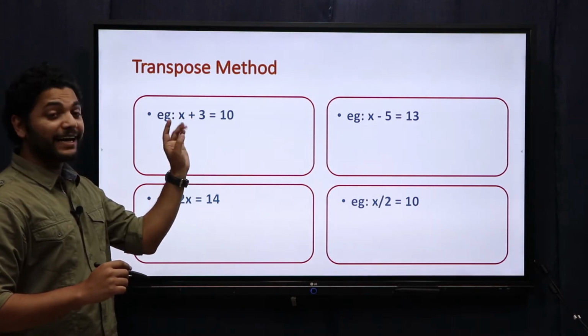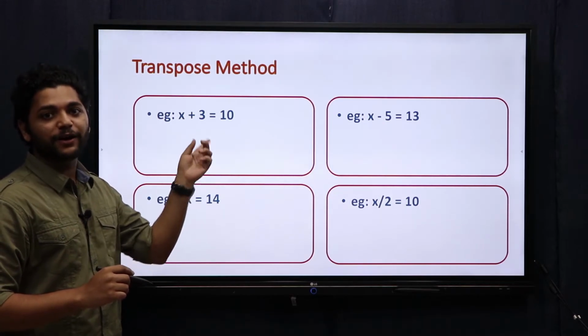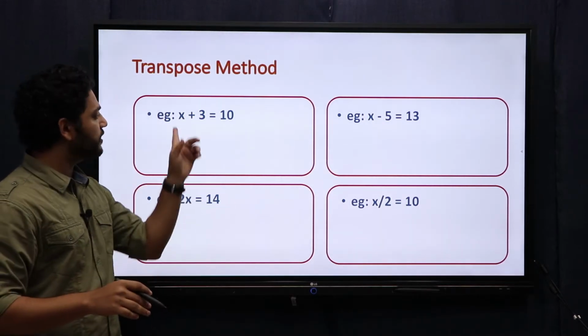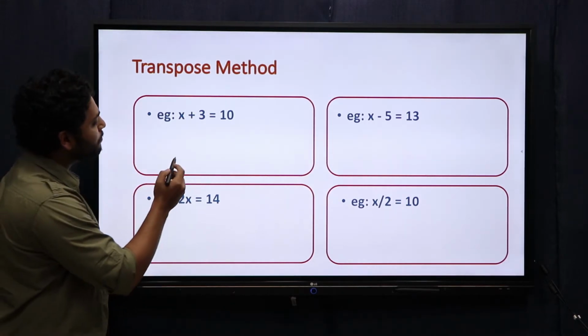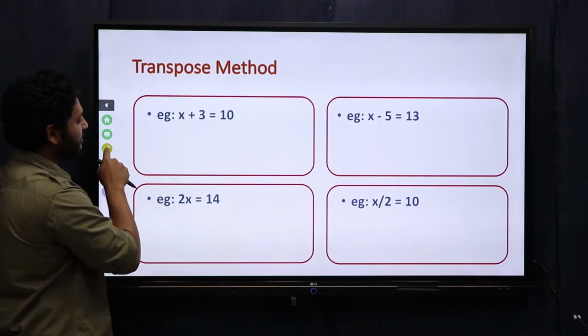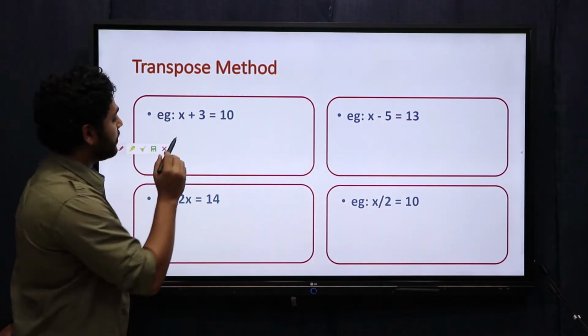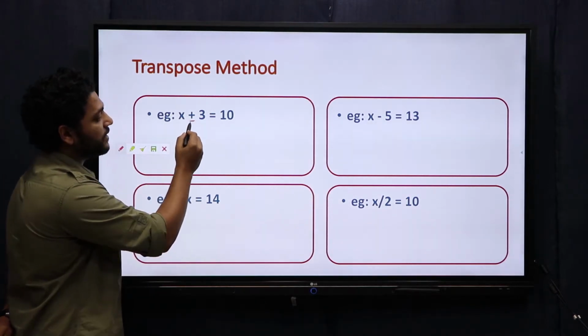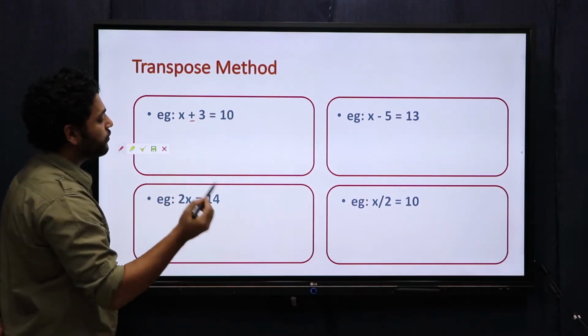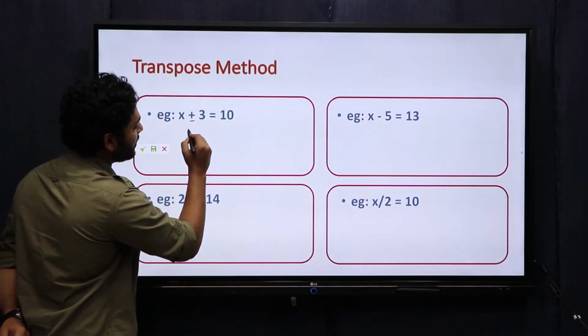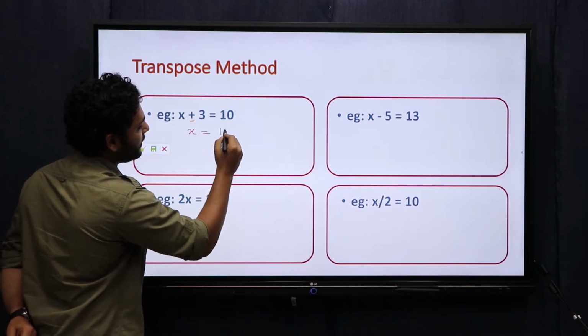If I have a plus 3 and I want to avoid this, I subtract 3 on both the sides and I get rid of the 3, right? That is the inverse operations method. But in transpose, I simply transfer number 3 from here with its sign. This is its sign. I transfer it here and reverse the sign. So this equation can become x equal to 10.